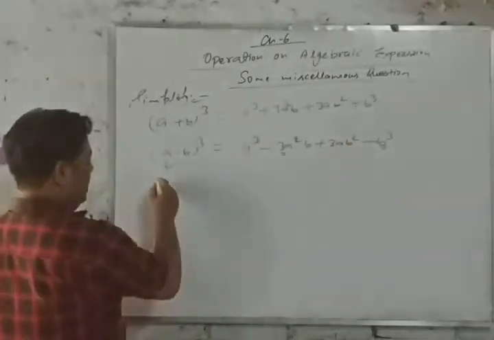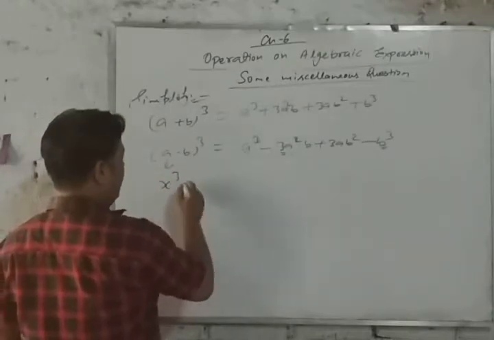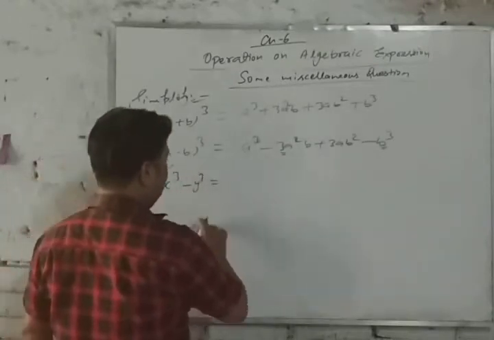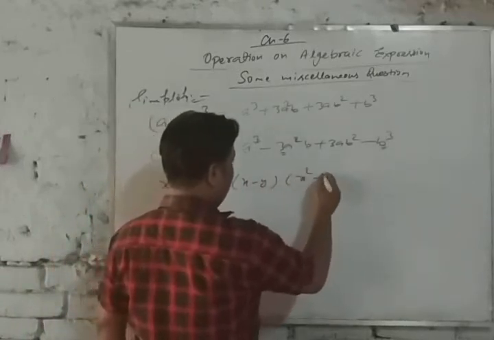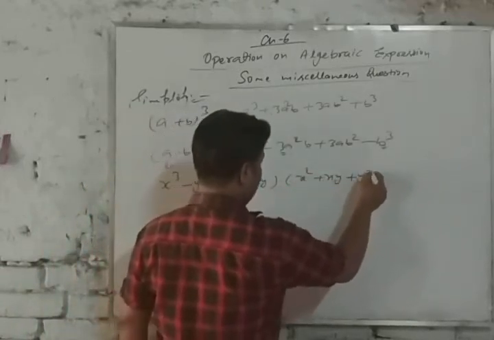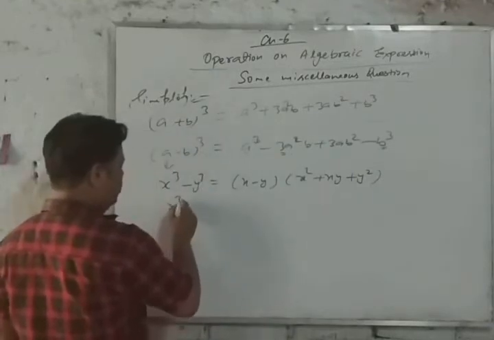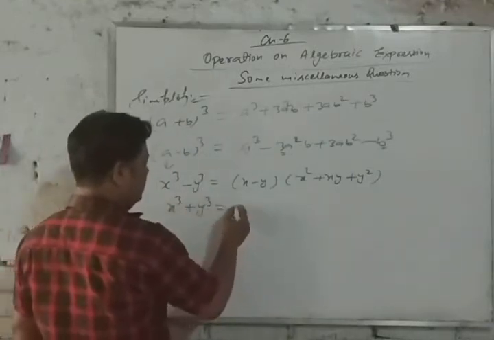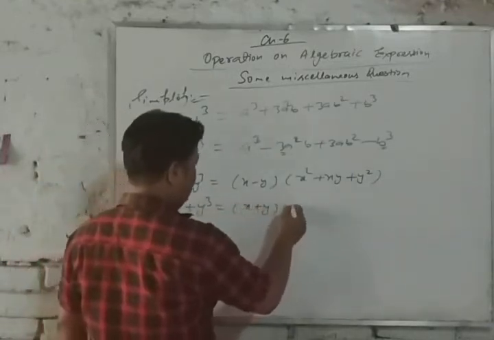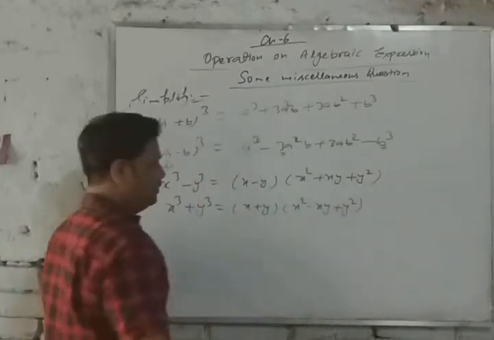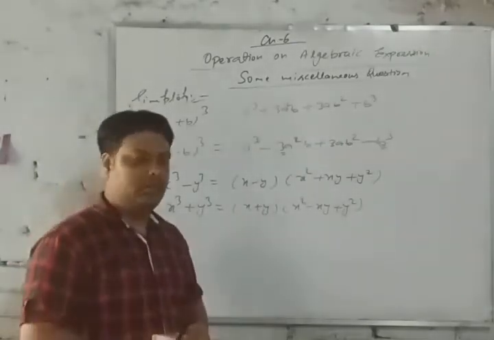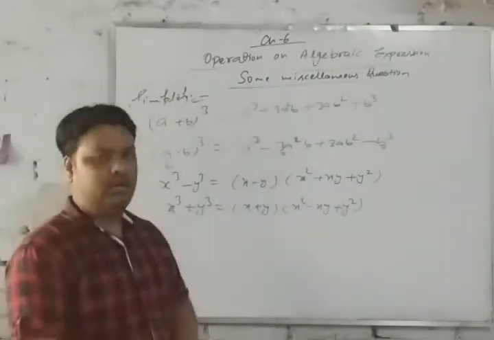And x cube minus y cube is equal to (x minus y)(x square plus xy plus y square), and x cube plus y cube is equal to (x plus y)(x square minus xy plus y square). So these 4 identities we have learned today.